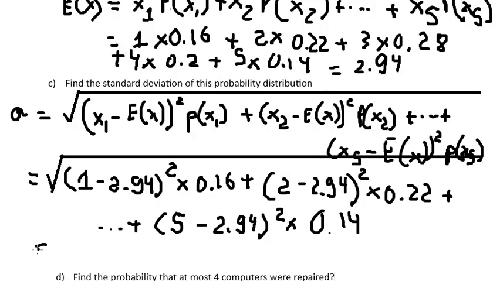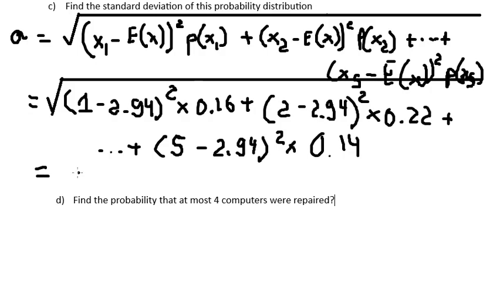We calculate this one, and we have the final answer, 1.2713.